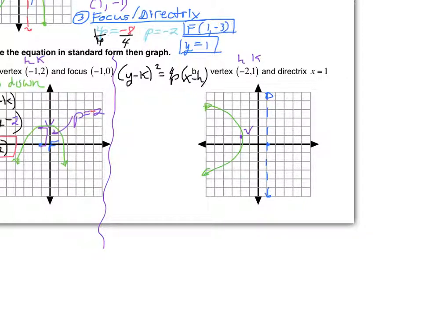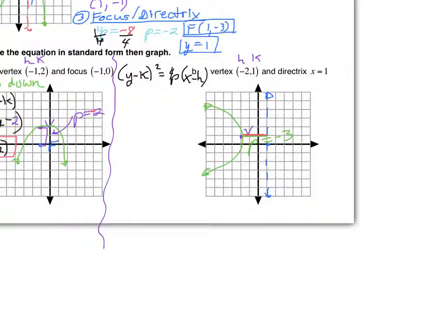So let's find p. How far is it from here to the directrix? Because that's p. 3. So p is equal to negative 3, isn't it? This distance from here to here is what p is. And it has to be negative because our parabola opens left.